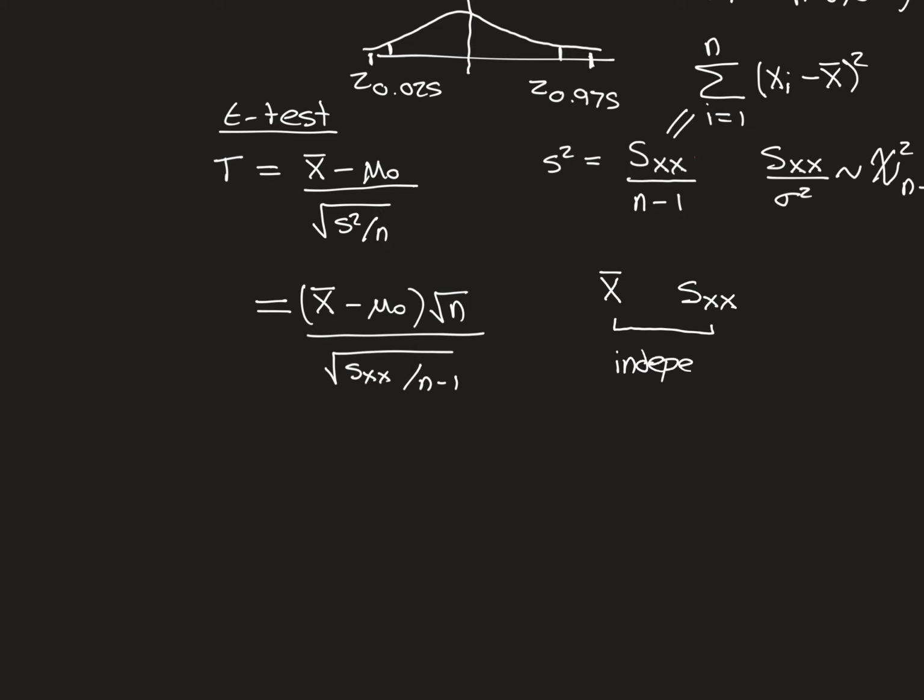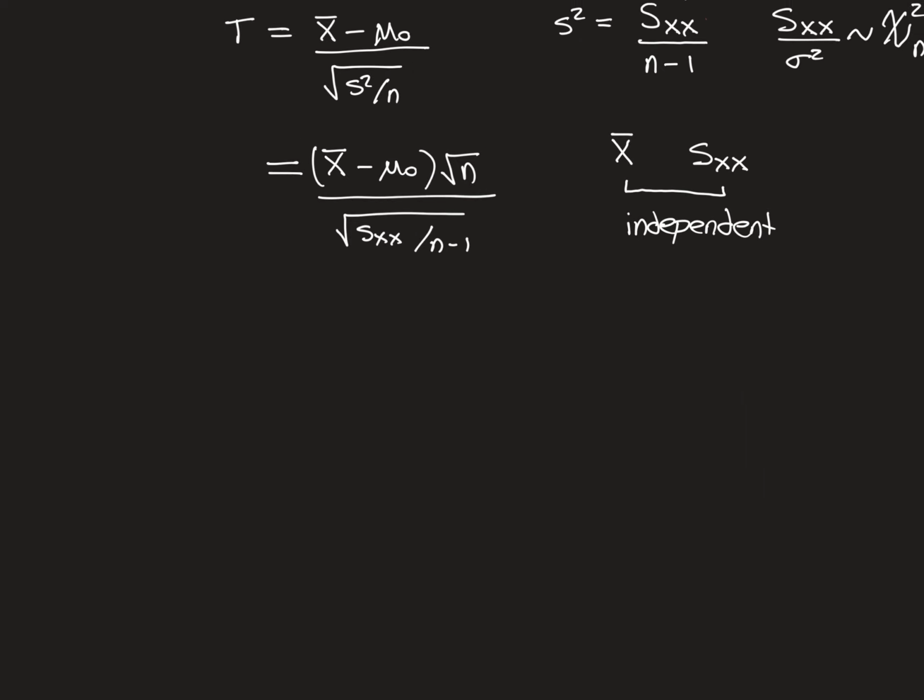That's really important, because if you remember the definition of the t-distribution, we needed something on the top that was normal 0, 1, and something on the bottom that was chi-squared, and they needed to be independent. This fact means that the thing on the top, which is a modified version of x bar, and the thing on the bottom, which is sxx, are indeed independent. So we're needing that again.